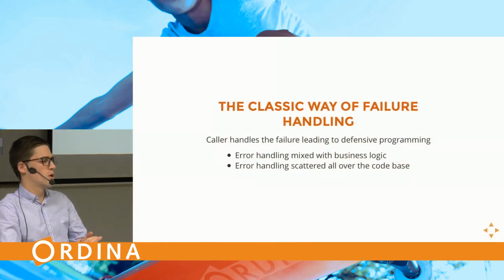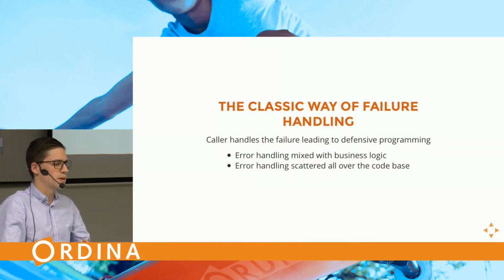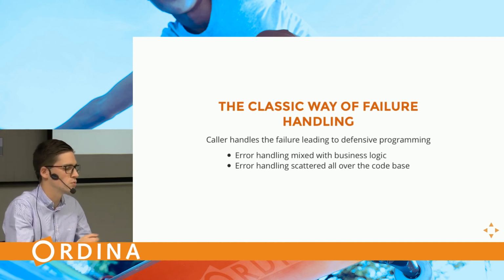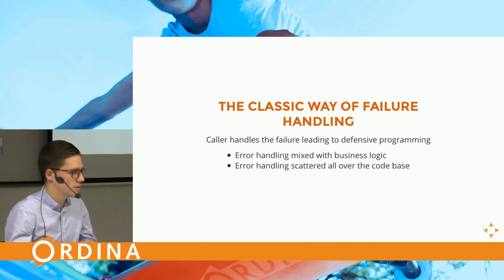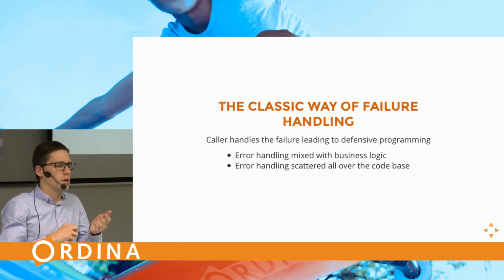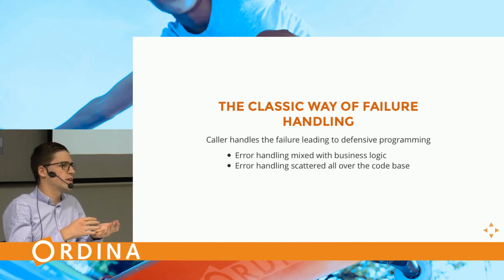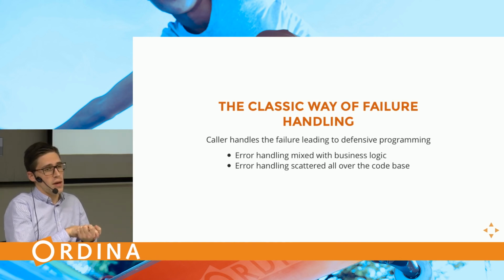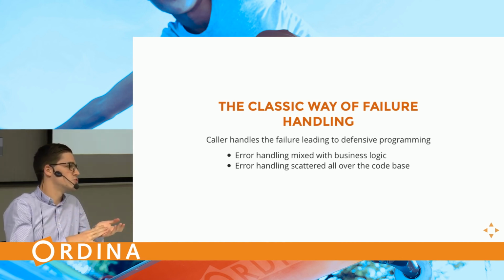Now, when creating an application, the classic way of failure handling is usually the following. So basically, in your application, you are trying to invoke a service call to a different part of your application, and you do that by accessing the service reference, and then invoking the method.